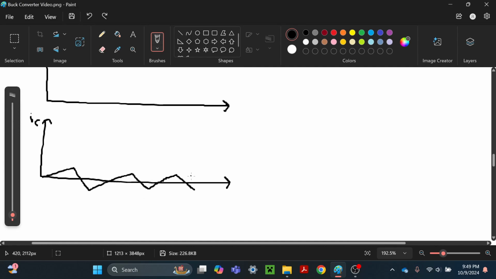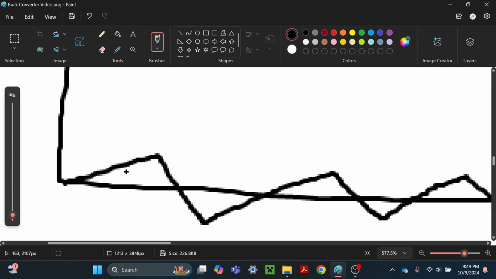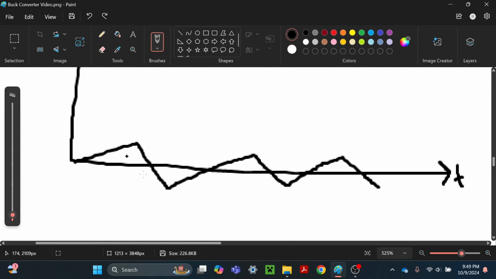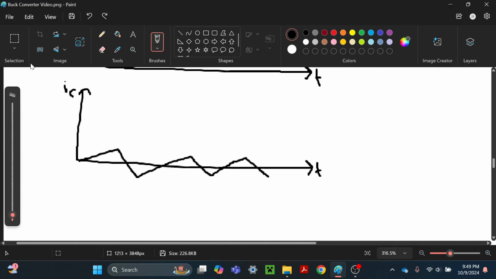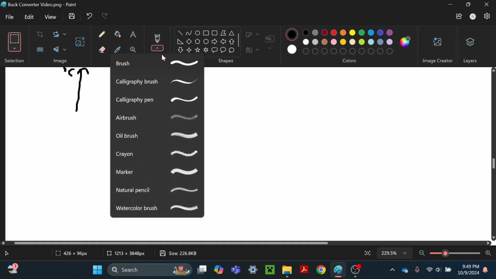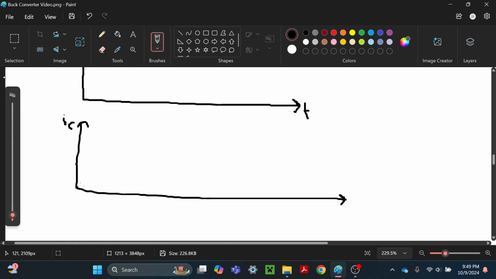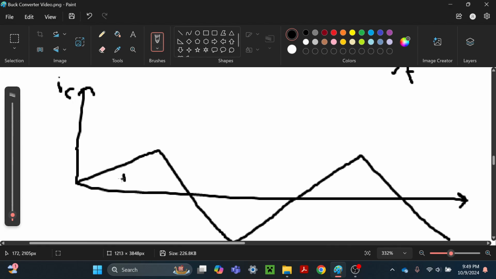So the way we can calculate this with IC versus T is Q. This is actually going to be equal to, maybe I should draw this a little bit bigger. Let me redraw this. So right? The area under this is actually plus Q, and the area under this is actually minus Q.